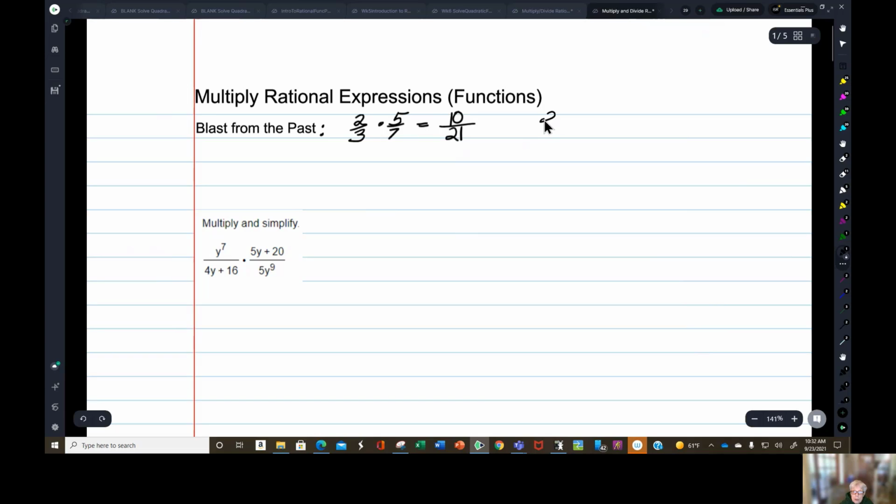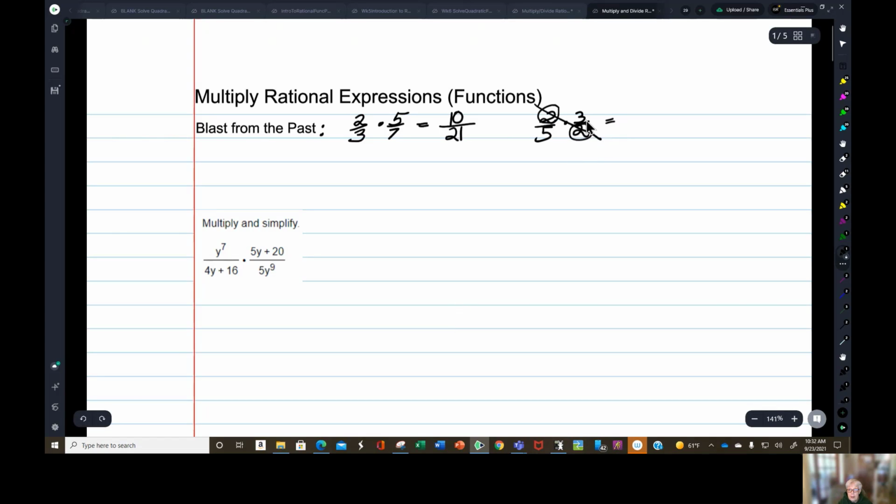Sometimes, when you have fractions like this, 2/5 times 3 over 2, you notice that when you have a number up there and a number down there, and they're the same number, they cancel out.